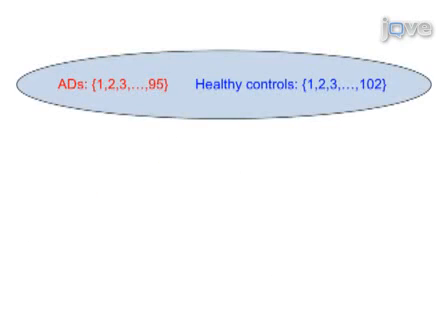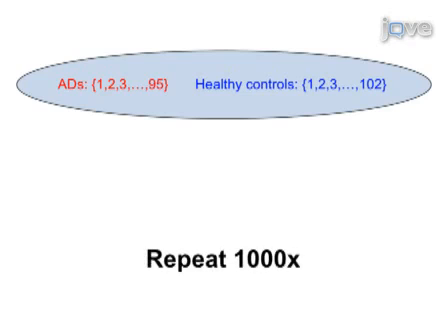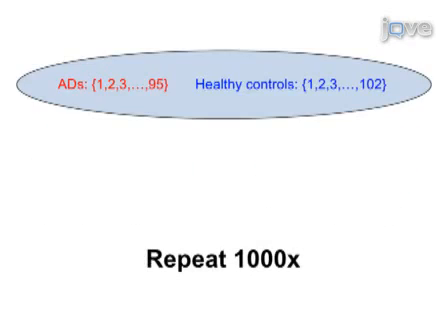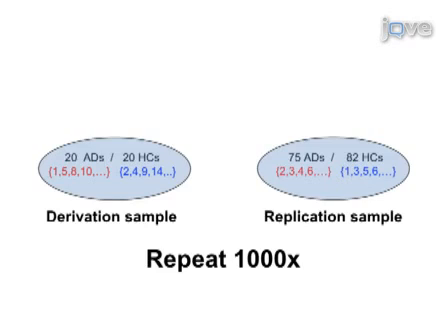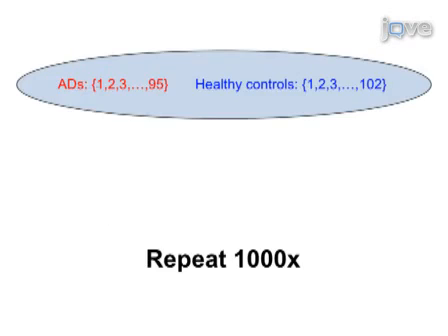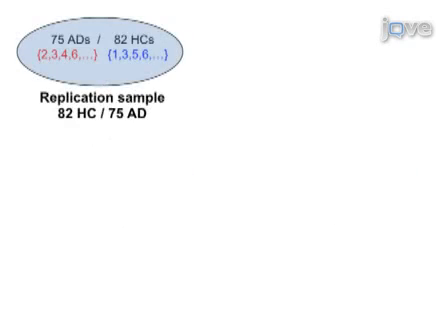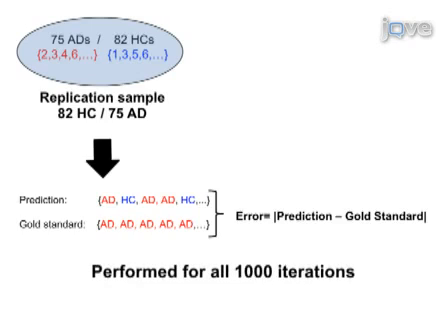To provide a more general comparison of univariate and multivariate approaches, perform a split sample simulation and repeat the prior steps 1,000 times on resampled data, each time forming a 20 to 20 derivation sample and a 75 to 82 replication sample of patients and healthy controls afresh. Split sample simulations are common in methodological research, since they provide an easy test of the markers derived in the derivation sample by recording their prediction errors in the replication sample.